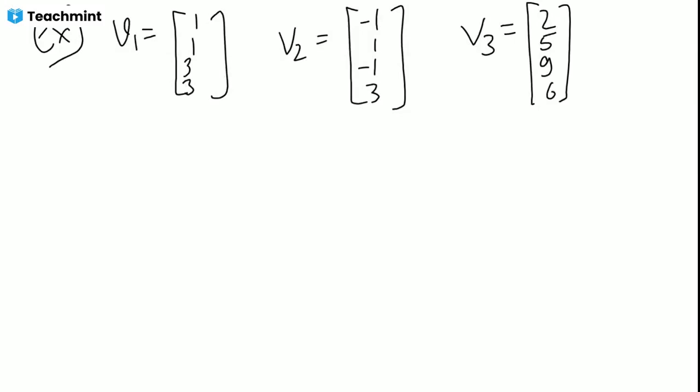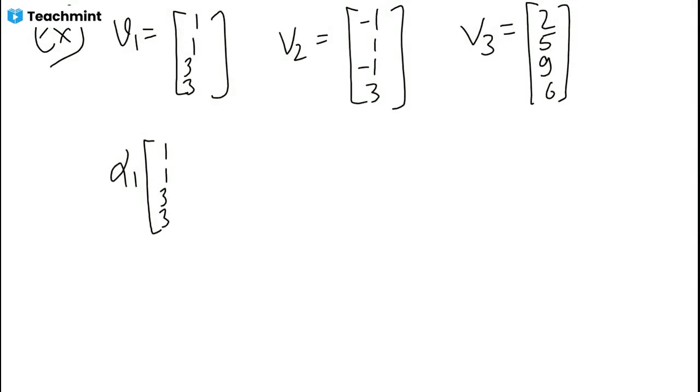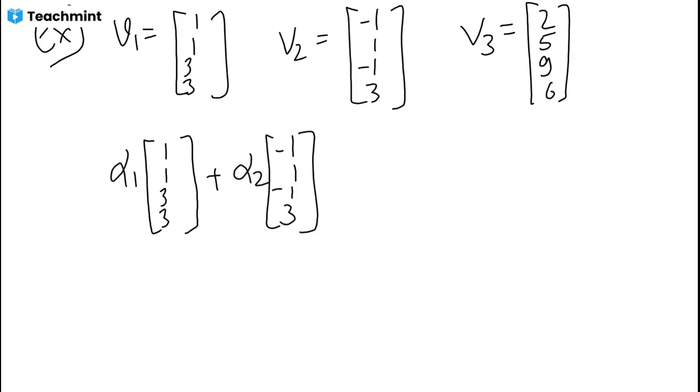Let us form the linear combination along with alpha 1, alpha 2, alpha 3: alpha 1 times 1, 1, 3, 3 plus alpha 2 times minus 1, 1, minus 1, 3, plus alpha 3 times v3, 2, 5, 9, 6, is equal to 0.